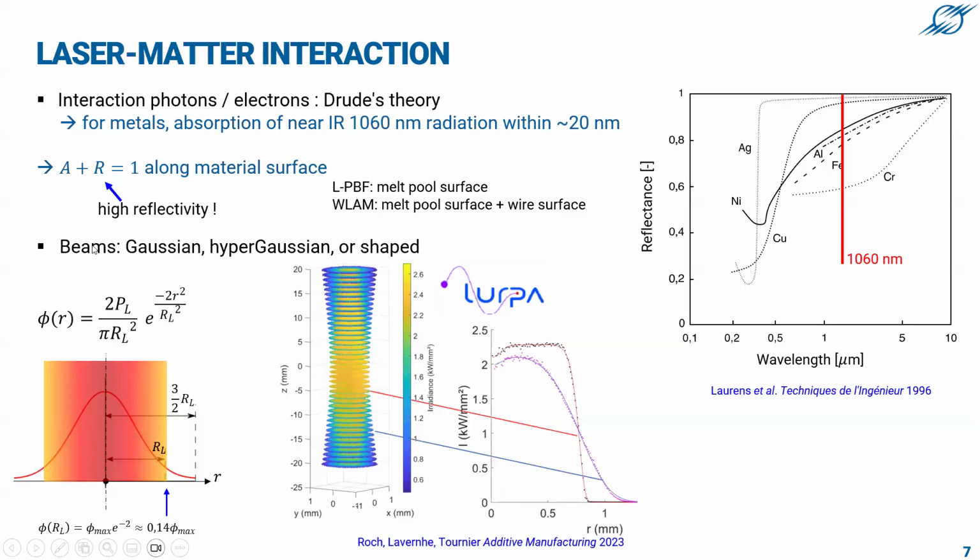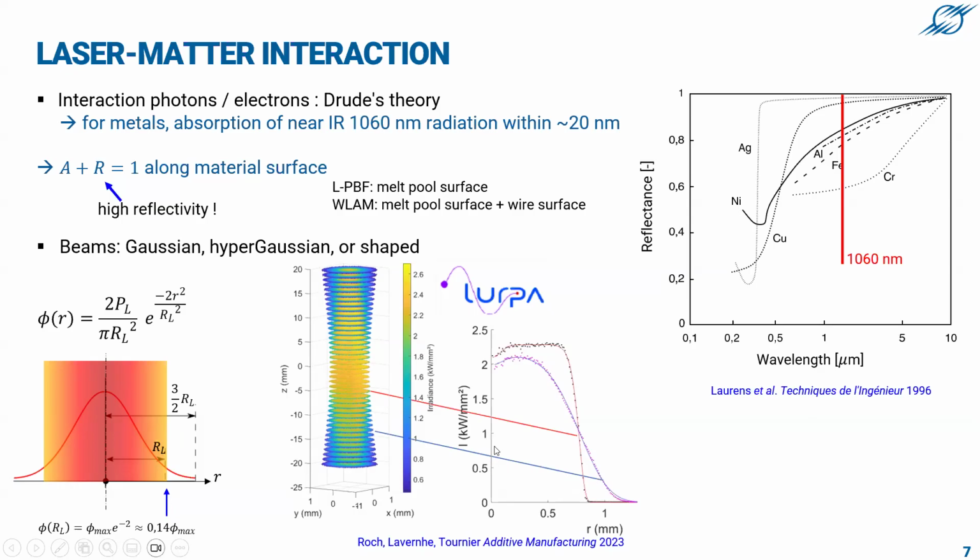Regarding laser beams, they can be Gaussian, hyper-Gaussian, or what we call top hat, or even shaped, and there is a lot of work going on now on sophisticating the energy distribution within a beam.